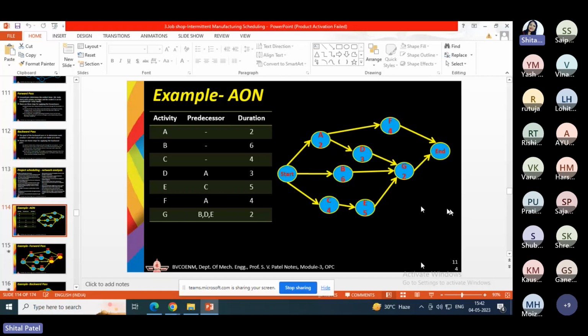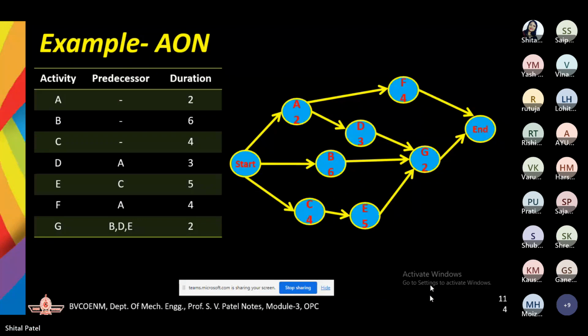Just giving you a basic concept of how to draw the network diagram. I'm keeping it in slide mode. Are you able to see the full screen of the network diagram? Yes, ma'am. So I'm giving you a small example of how to draw the network diagram.